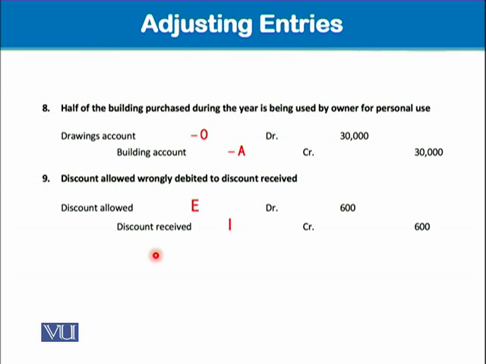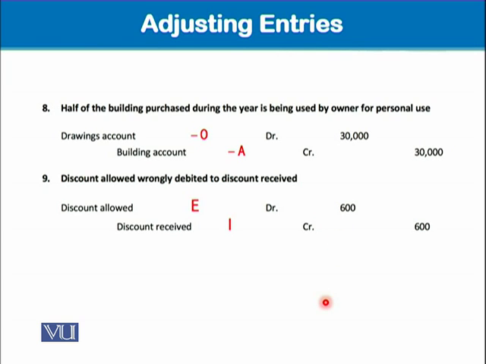That's also fine. And then discount allowed wrongly debited to the discount received account. Discount allowed would be debited and discount received will be credited. Since discount received is being credited, it's an income, it will increase incomes. And discount allowed is being debited, it's an expense, it will increase expenses.